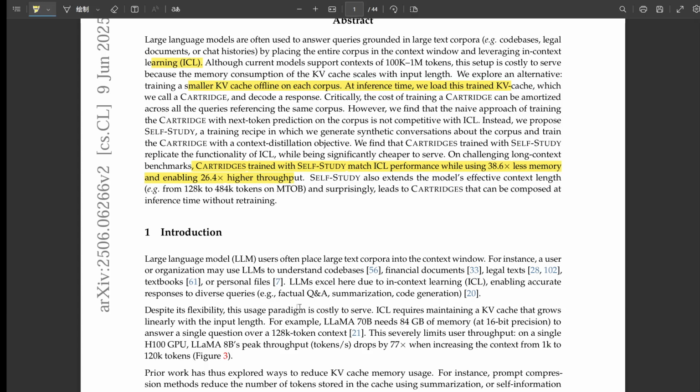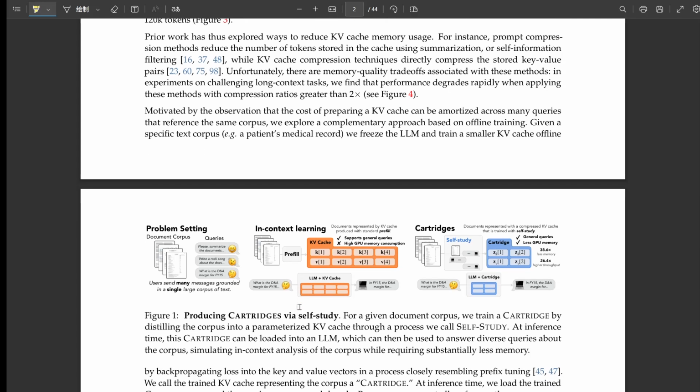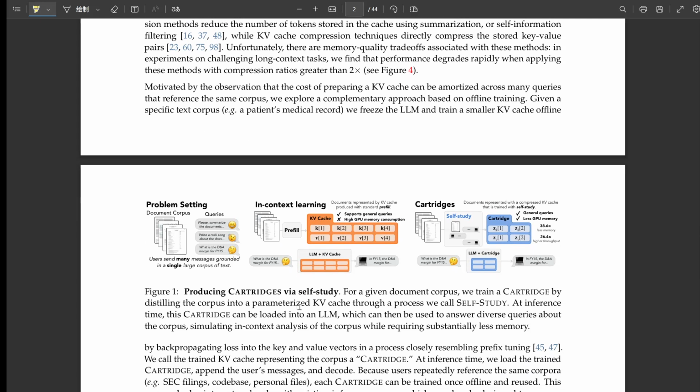So, yeah, the problem is paying that hefty price in memory and compute every single time you want the LLM to reference a big document. Now, here's where the paper gets really clever. What if you could process that huge document just once offline and create a tiny, super efficient snapshot of its knowledge, something you could load instantly instead of rebuilding that massive KV cache every time?